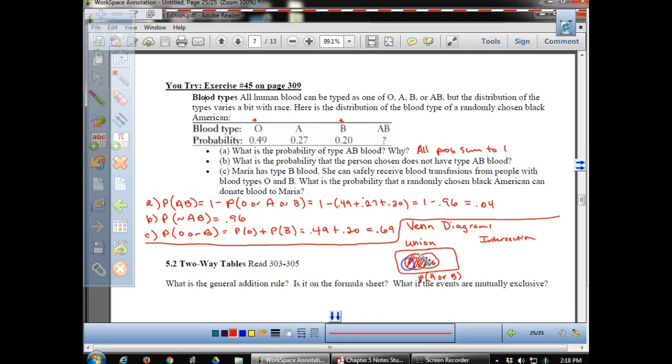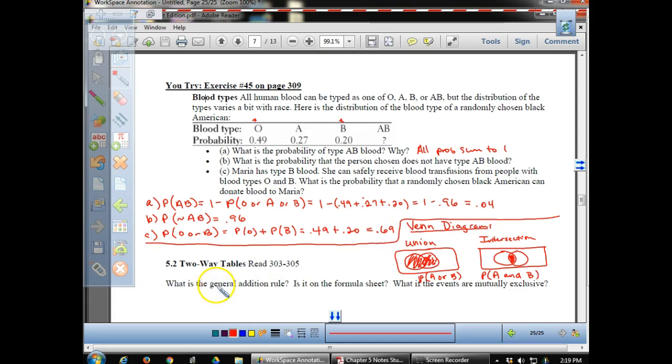And when I say intersection, I mean only this shared region will be shaded. So intersection is the probability of A and B occurring. All right, so just want to make sure you remember Venn diagrams because I'll be using those.